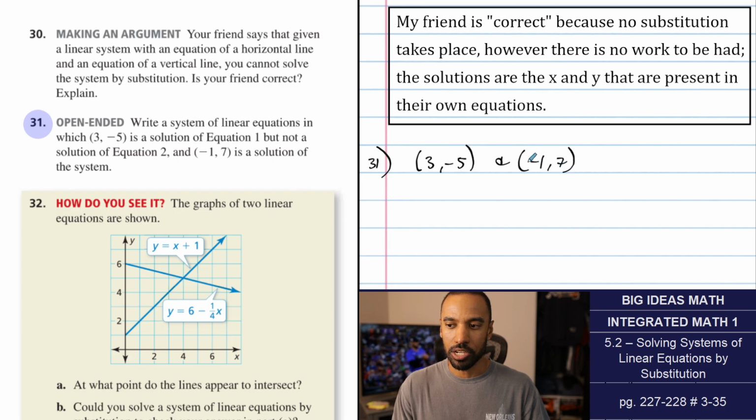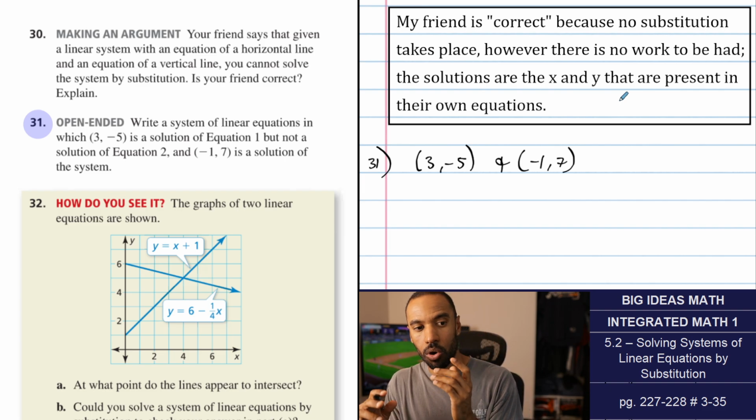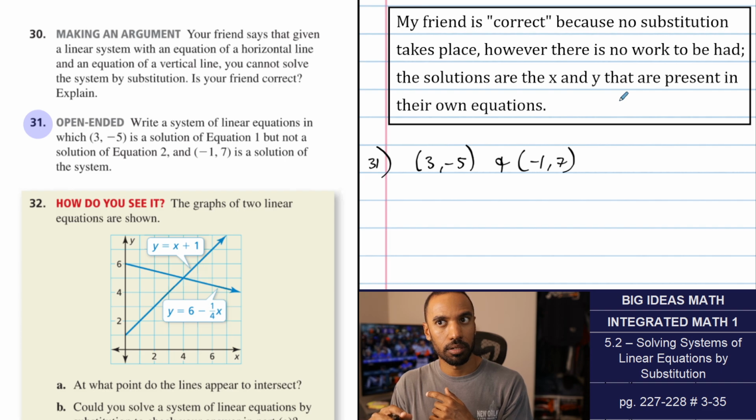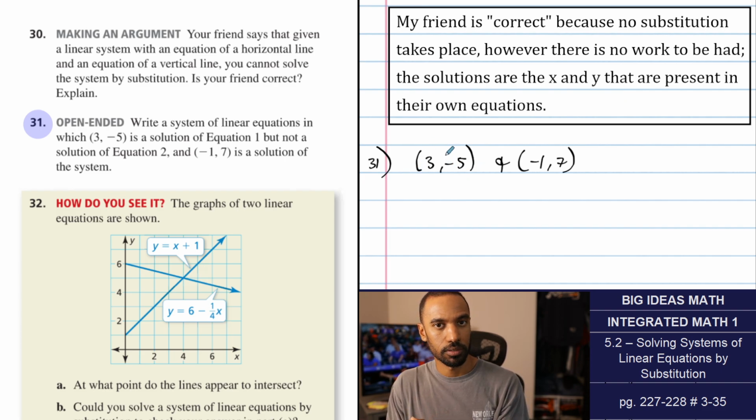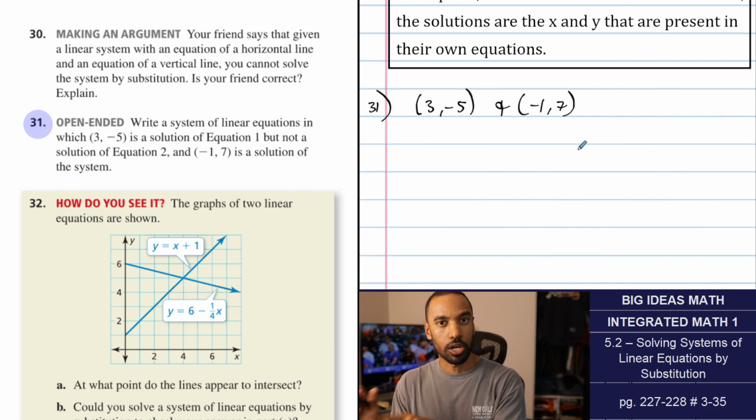Let's find the equation that's specifically for this pair of points. Write an equation out of that one and make that one of the equations. Then we have to make sure that (-1, 7) works only for the second equation, but not the first pair of points. So, okay, let's first come up with the equation for this one.